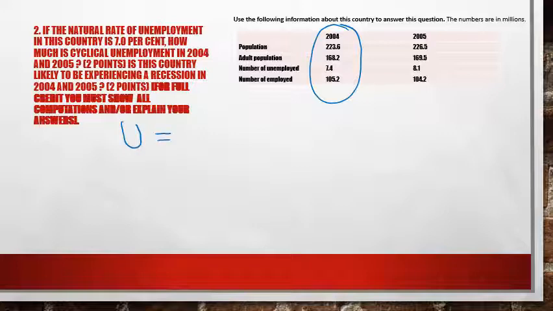U, the unemployment rate, is equal to the number of unemployed. That's 7.4 divided by the labor force. And what is the labor force made up of? The number of unemployed, 7.4 million people. We're dealing with millions of people, plus the number of employed.